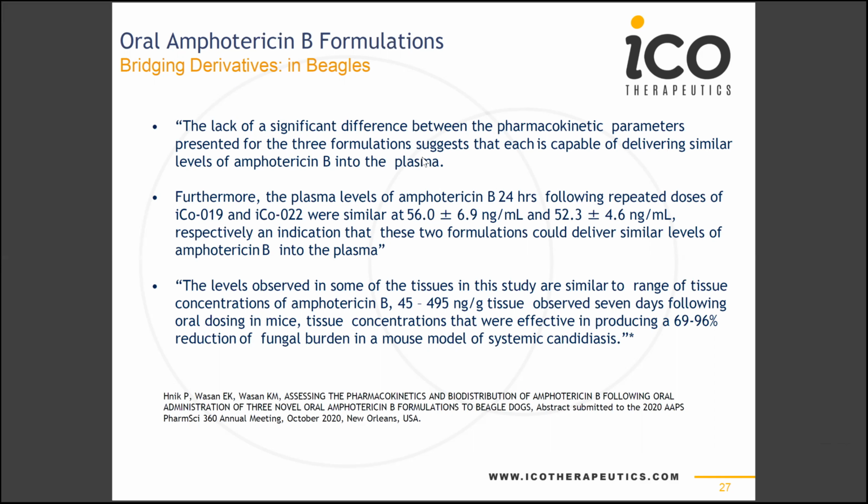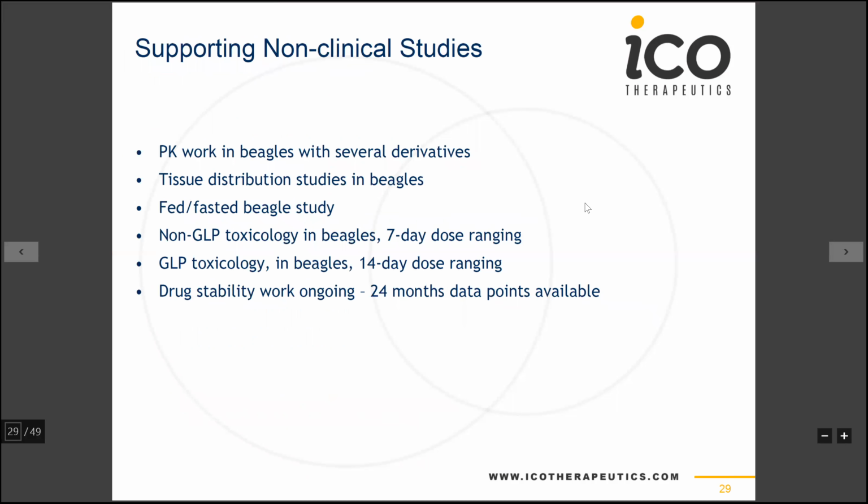We looked at coagulation products. It was a very detailed set of toxicology studies. We did histopathology. And we saw that we could get the tissue distributions that we were looking for, and we did not have the toxicity associated with it.